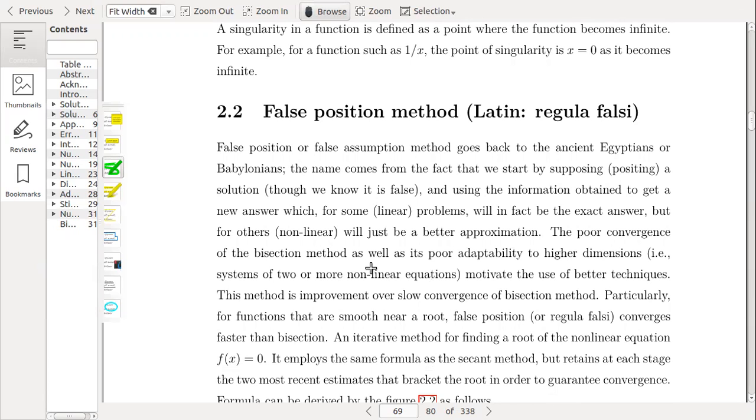Higher dimension means a system of more than two equations, so the number of equations should be greater than two. This motivates the use of better techniques. So in finding a better technique, scientists and mathematicians succeeded in developing the false position method.